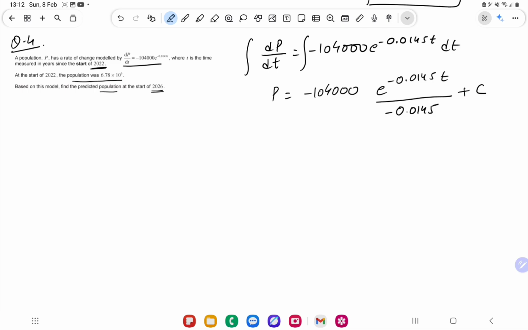Now to find c, we have to use this statement. At the start means when t is equal to 0, P is given to me as 6.78 into 10 to the power 6.